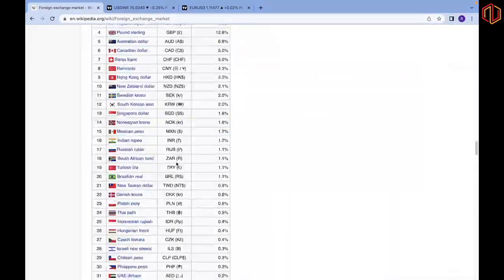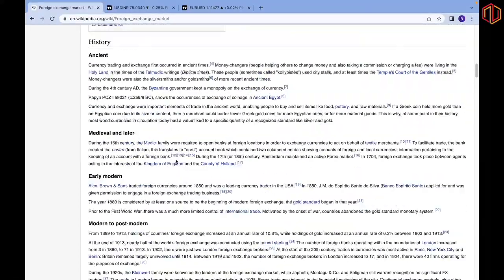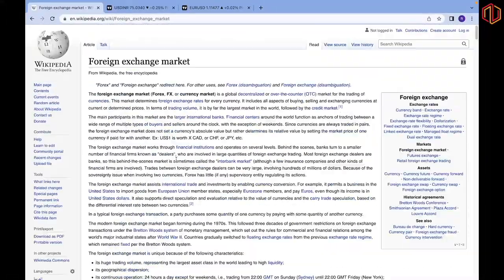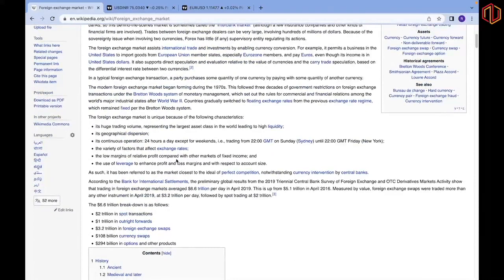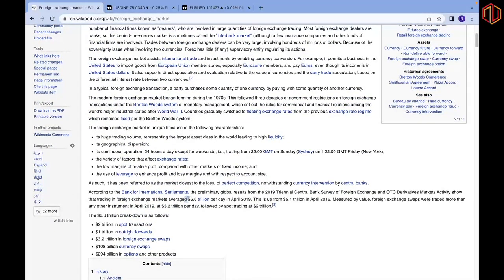Now let's start with understanding the size of this market, because that is what makes it very attractive. As of April 2019, the size of the foreign exchange market was $6.6 trillion, which is the amount of transactions happening on a single day.